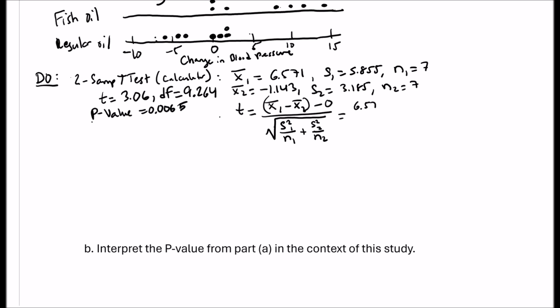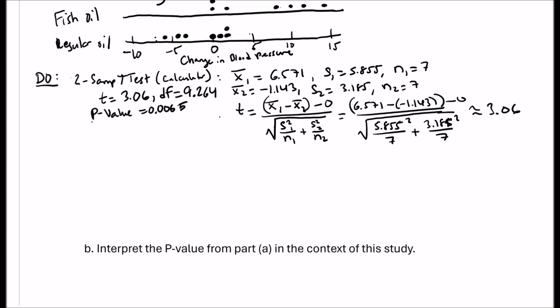We got 6.571 minus negative 1.143 minus 0 over square root of 5.855 squared divided by 7 plus 3.185 squared divided by 7. Okay, and you would do that and you would get about 3.06, which is what the calculator got.